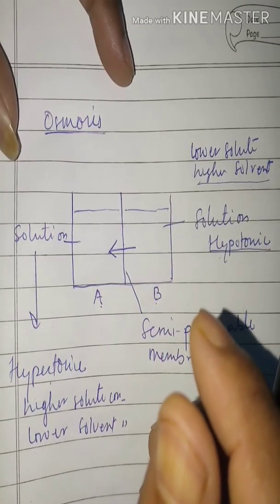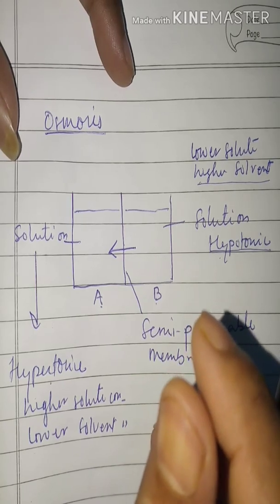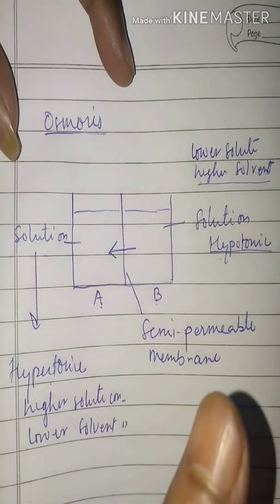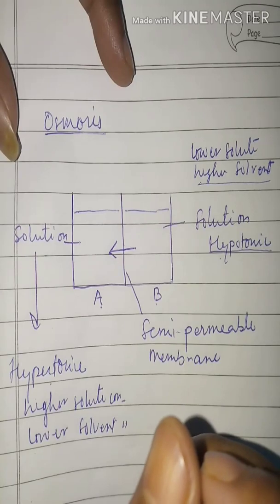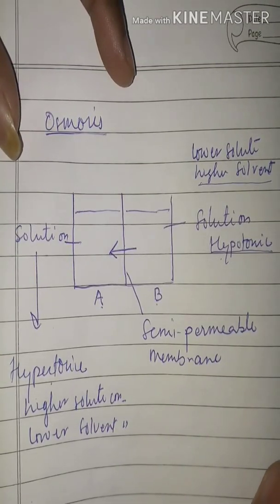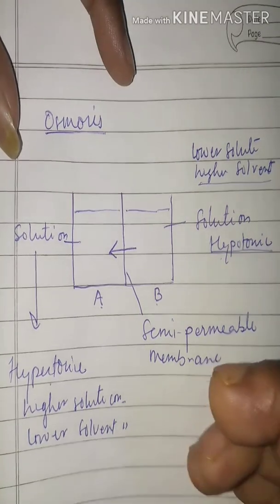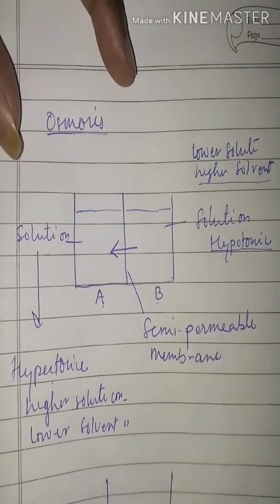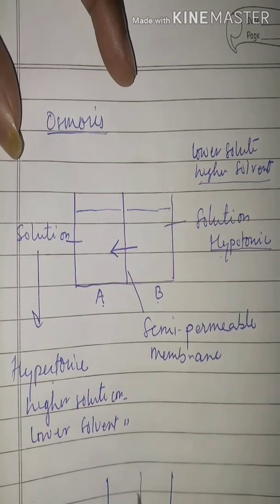When we were discussing diffusion, it is almost similar to osmosis. In diffusion there is no membrane in between the two sides, no membrane is there.